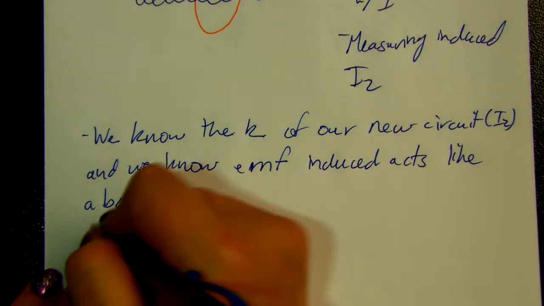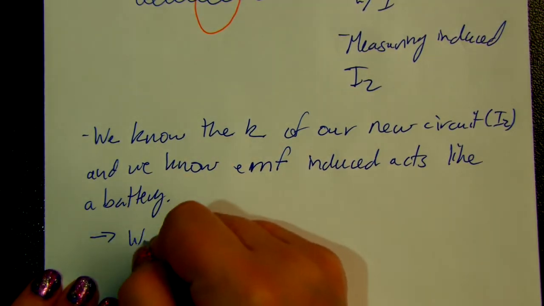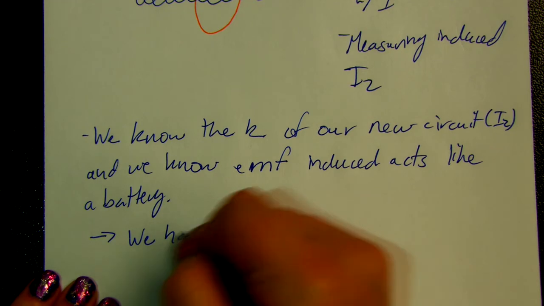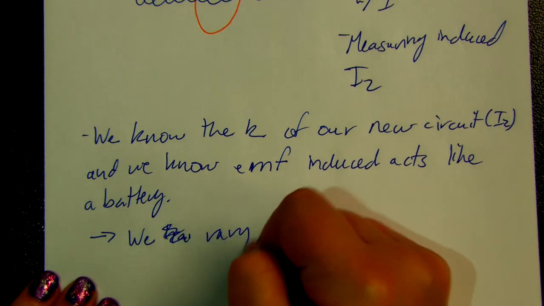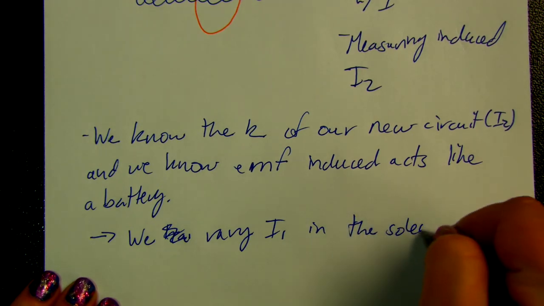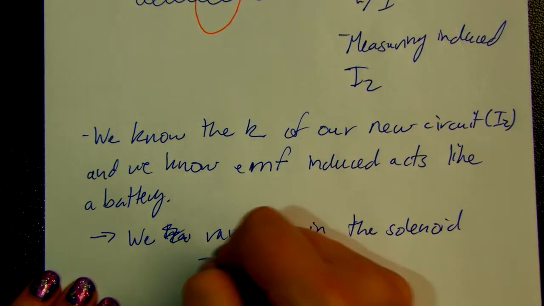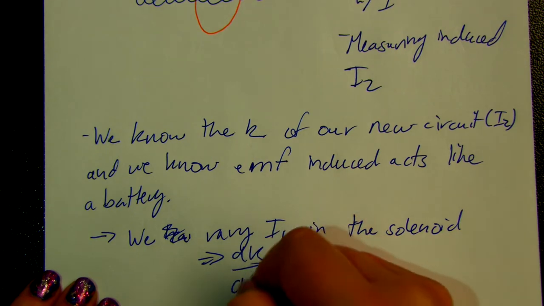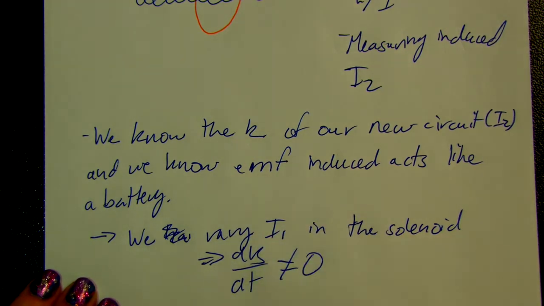Okay, so as I stated before, but I'm going to write out explicitly. So we vary I1 in the solenoid, which is going to give us dB/dt non-zero.